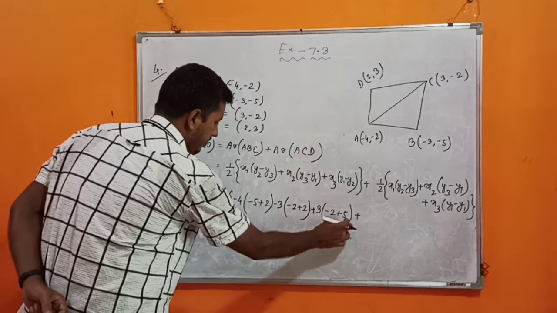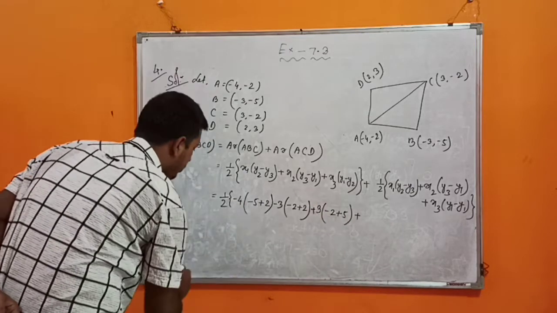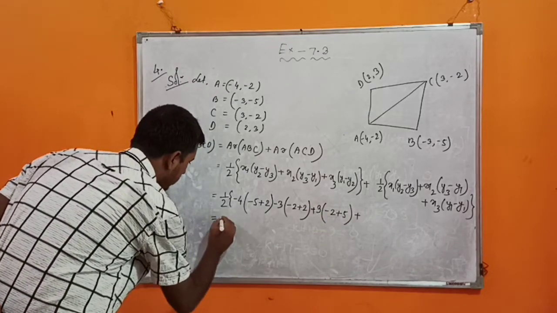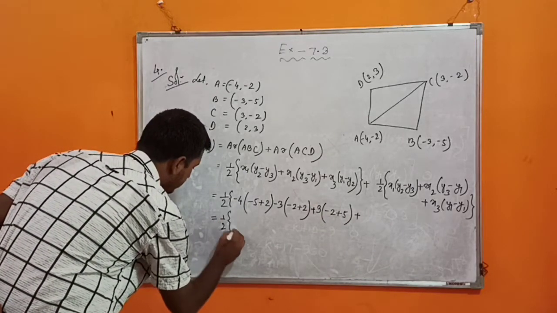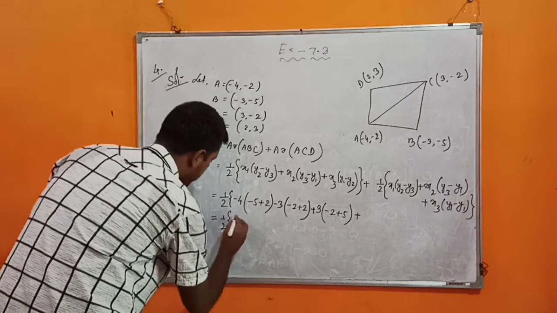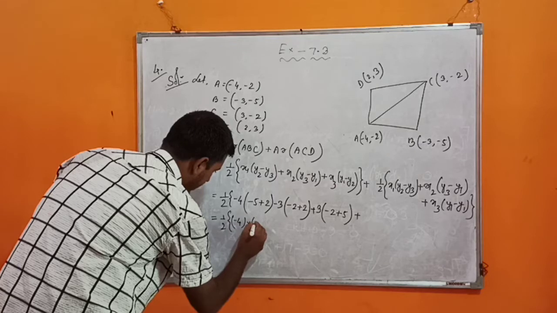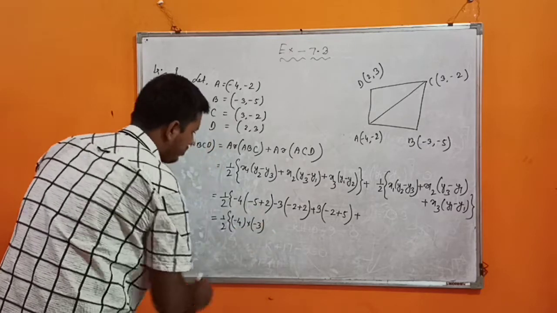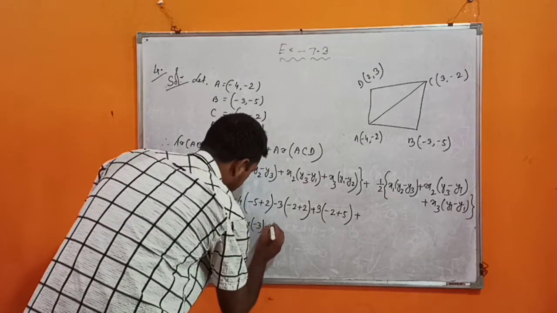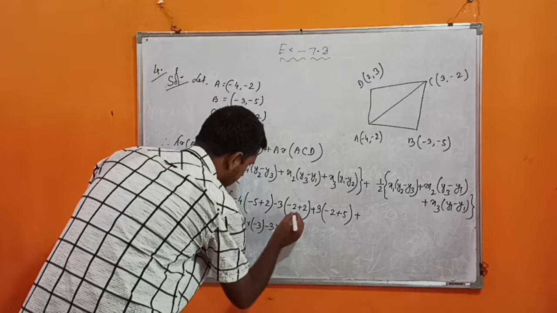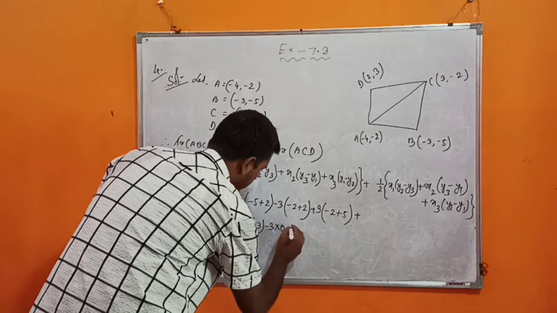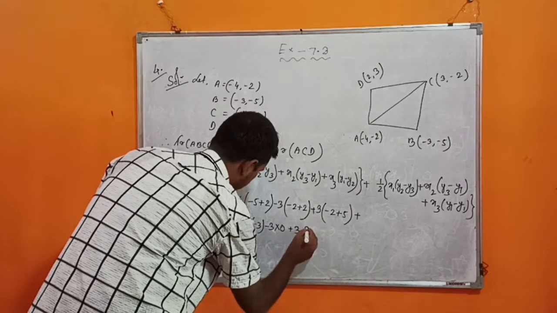First I am simplifying this, then we will move to the area of this triangle. Half of -4 into -3, that is -5 plus 2 is -3, -3 into 0 since -2 plus 2 is 0, plus 3 into 3.